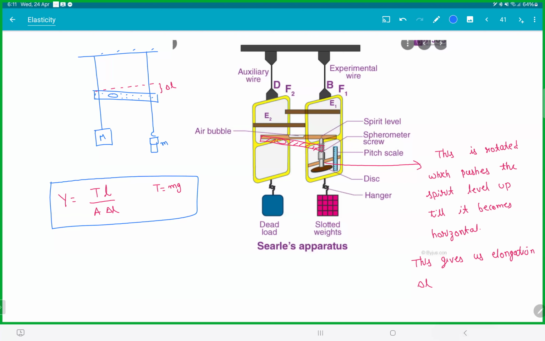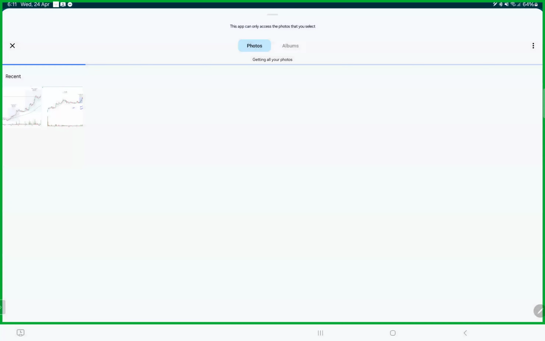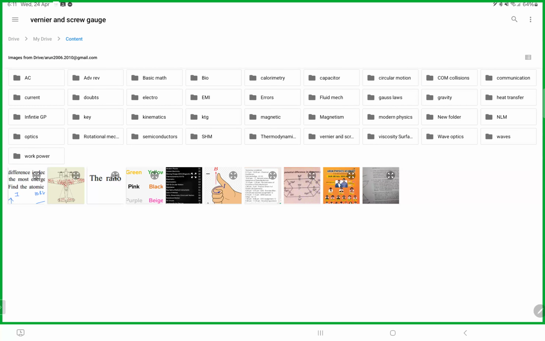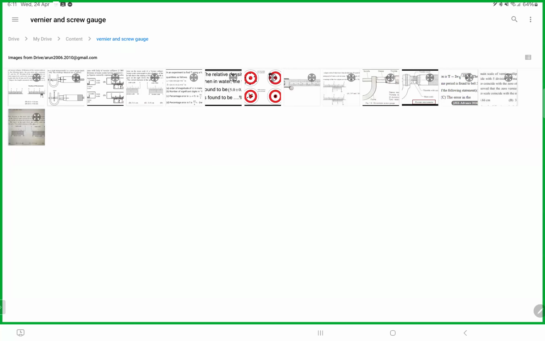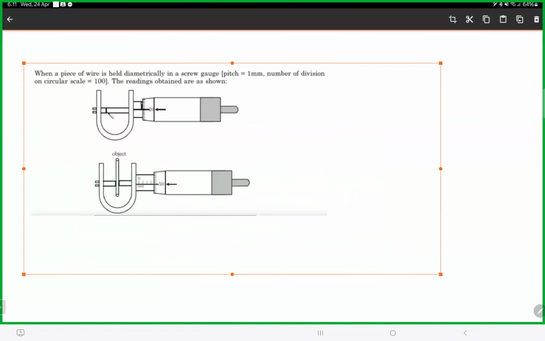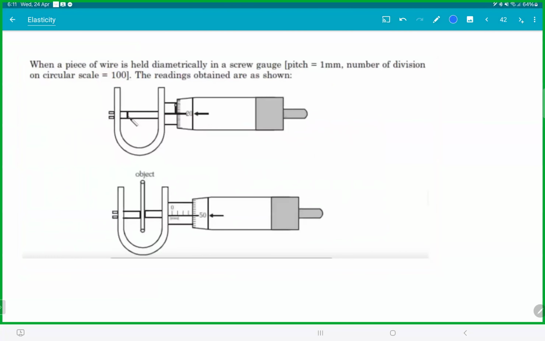So the question would be like this: the radius of the wire is measured with a screw gauge. These are the readings. They would give you something like this sort. I'll not do it right now, but they will show you like this. They will say when a wire is placed between this, this is the reading. They'll just show you the diagrams like this. So they expect you to figure out the radius from this reading, how to read the screw gauge.